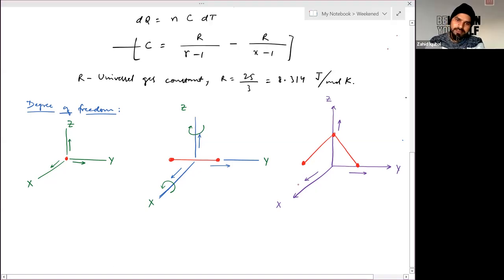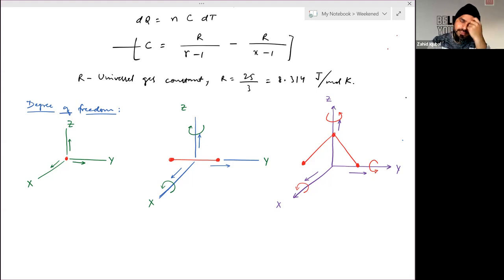So you'll say yes, it may rotate along this axis, it may rotate along this axis, or it may rotate along this axis as well. So we can say this bent shape molecule will have 3 translational energy and 3 rotational energy. So in total, it will have 6 different ways of energy. Saifullah, is it clear?